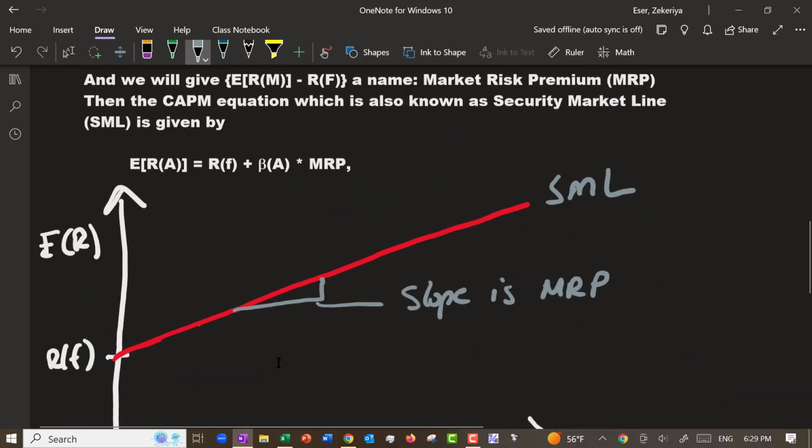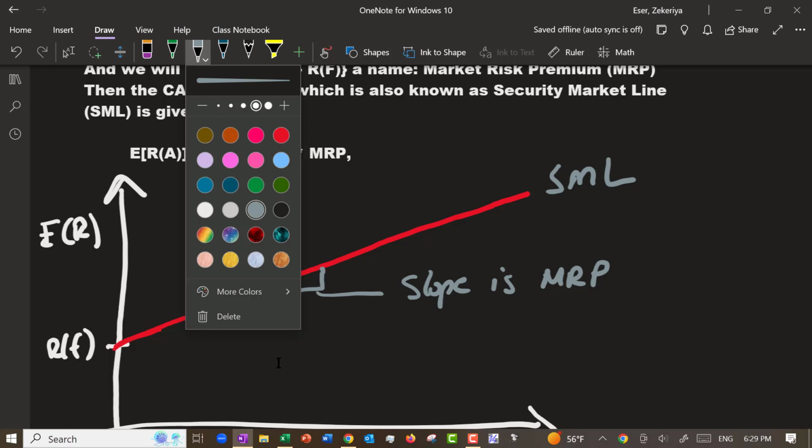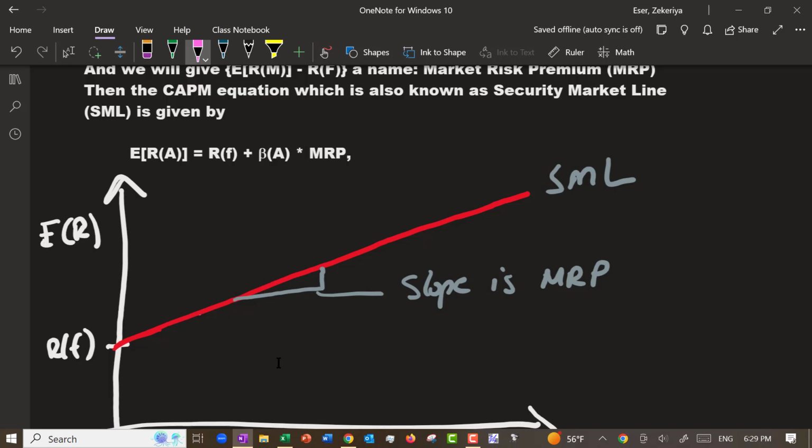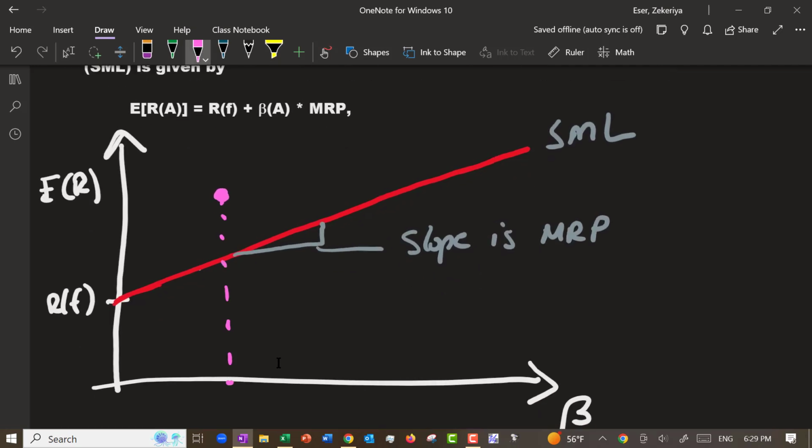Now let's think about, let me see, the pink one. Think of an asset, okay? Given its beta, the expected return is much higher than what the SML would have implied, okay?